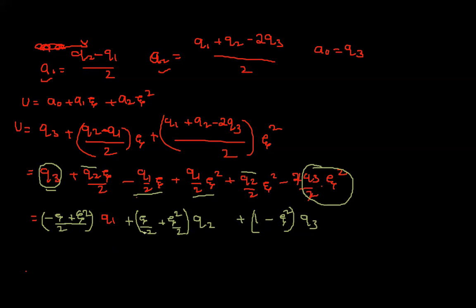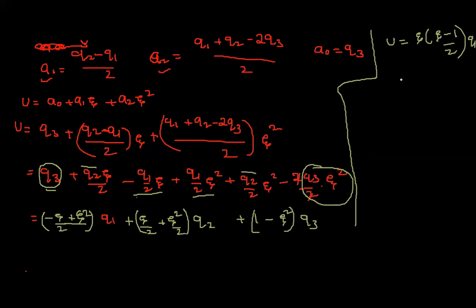Here I can write down this function again in a separate manner. The interpolation function u can be written as minus zeta plus zeta square. Let us take zeta as common. So if I take zeta as common, it is zeta minus 1 divided by 2 times q1.